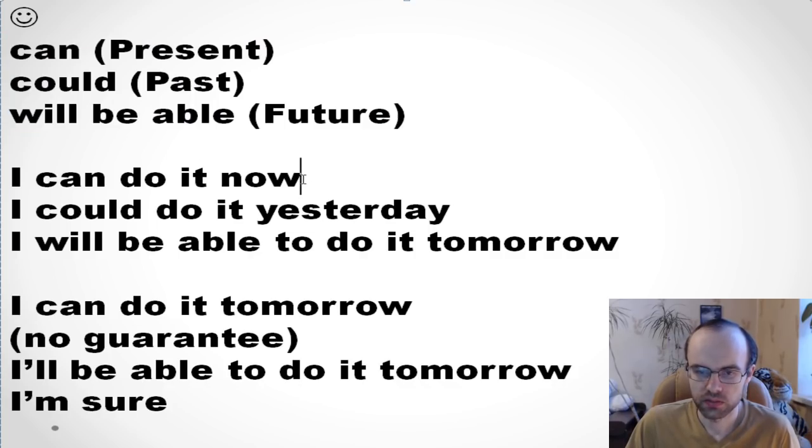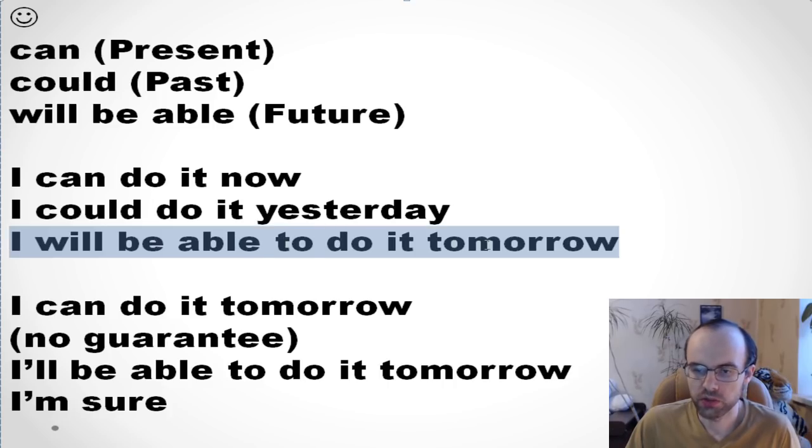So, if you're talking about now, I can do it now, so it's possible for me to do it. Okay? If you're talking about yesterday, I could do it yesterday. Good. Yeah, it was possible for me.